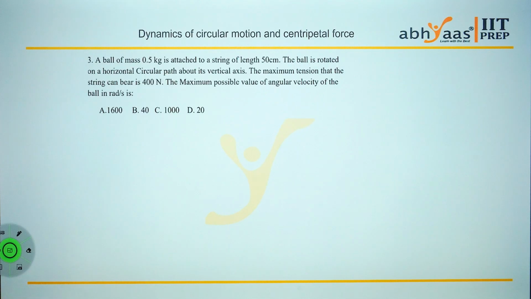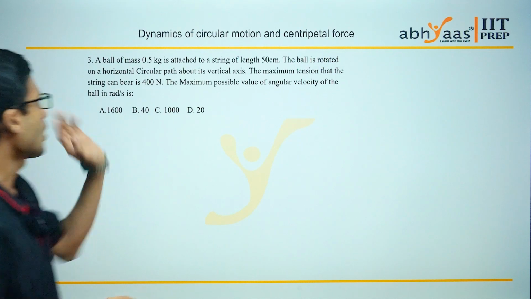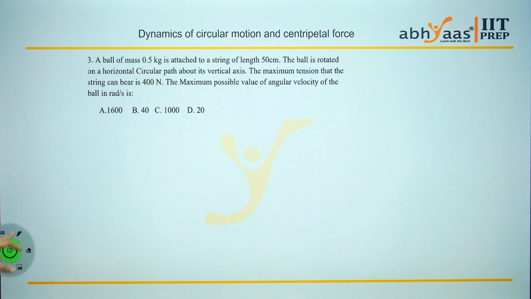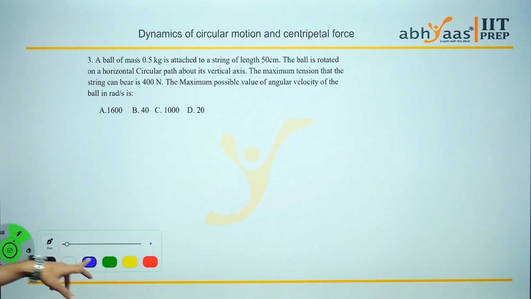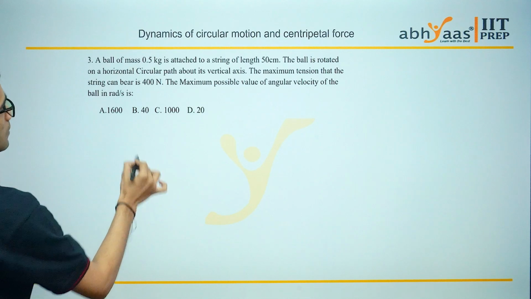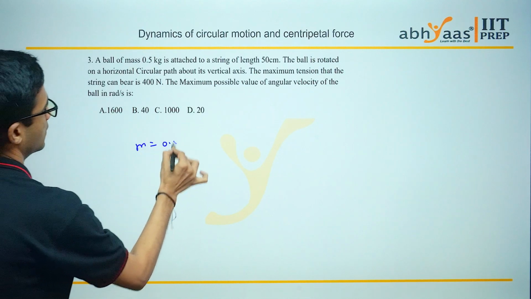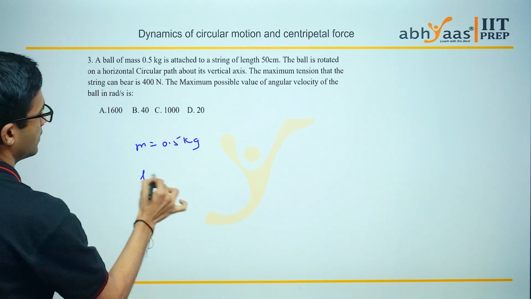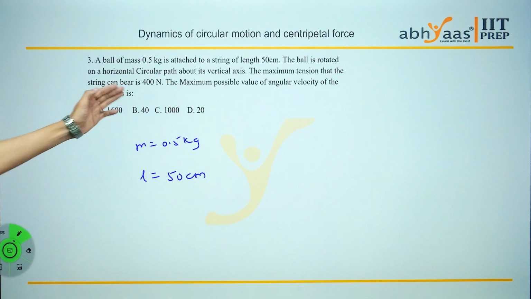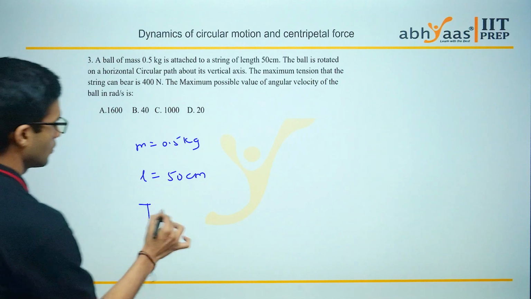So next one, a ball of mass 0.5 kg is attached to a string of length 50 centimeters. The ball is rotated in a horizontal circular path. Maximum tension T is 400 newtons.